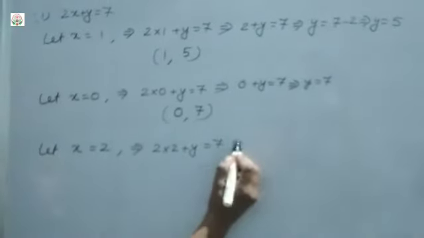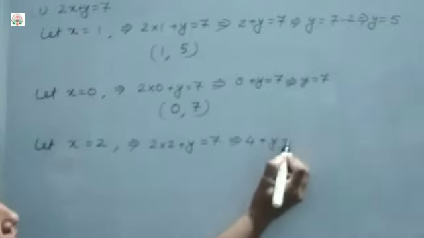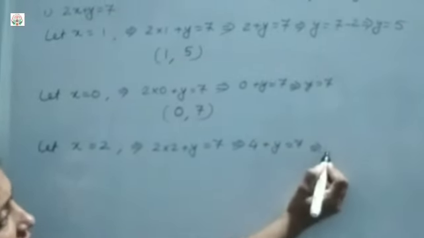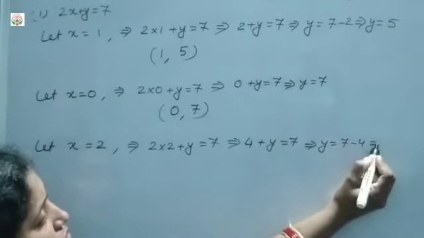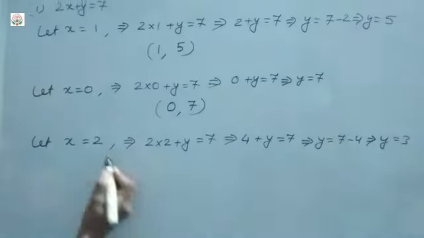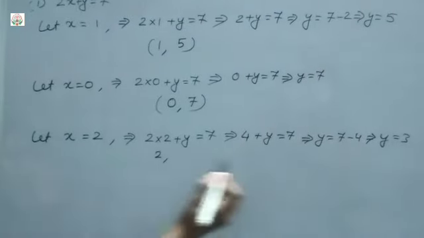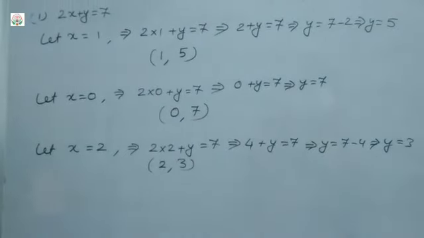So now 2 2s are 4. 4 plus y equals 7. This implies y equals 7 minus 4, which equals 3. That means when x value is 2, my y value is 3. So this is also one of the solutions.